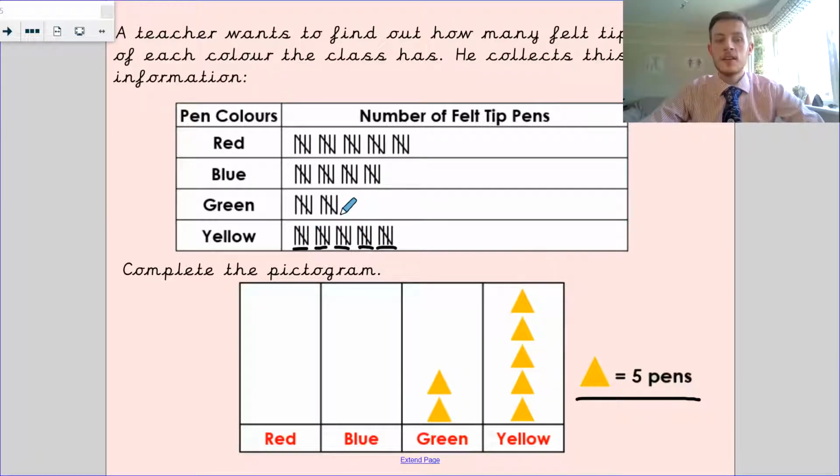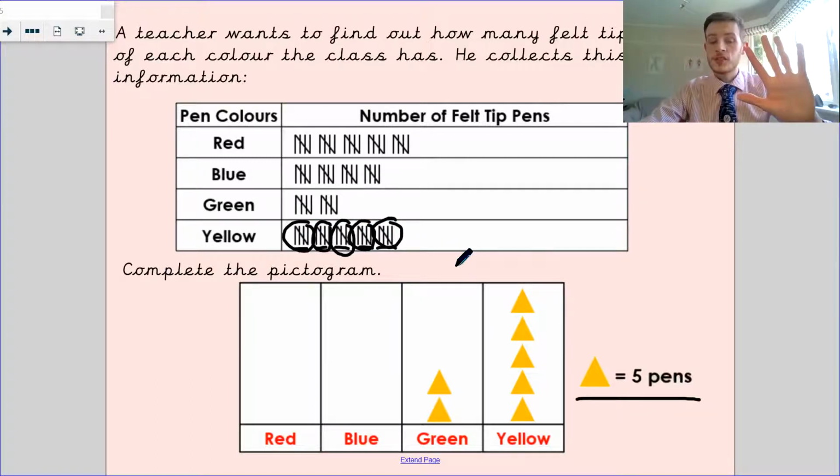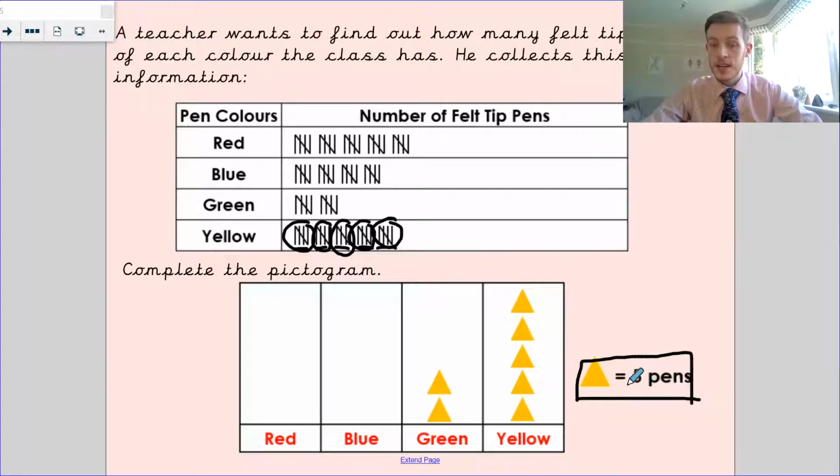So I need 1 group of 5, another group of 5, another, another, and another. That's 1, 2, 3, 4, 5 lots of 5. Now my triangle is worth 5, which means I need 5 lots of 5. I need 5 triangles for yellow. 1, 2, 3, 4, 5.